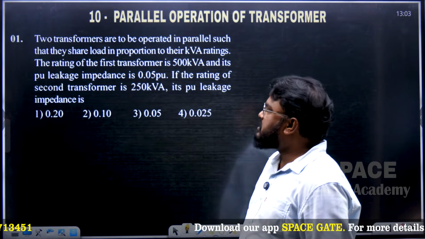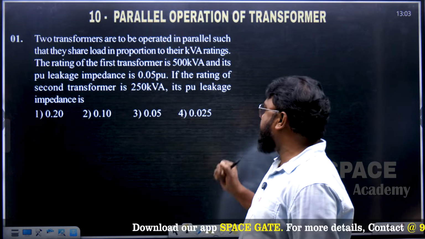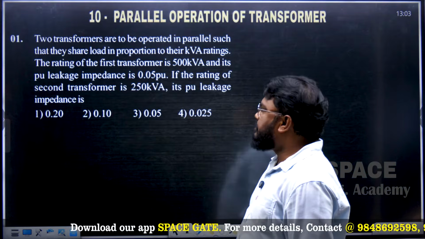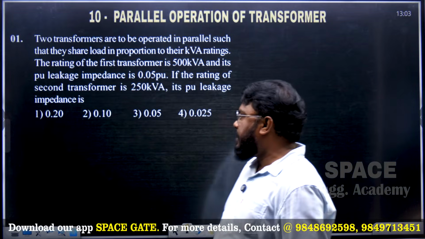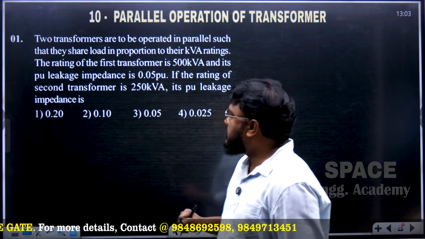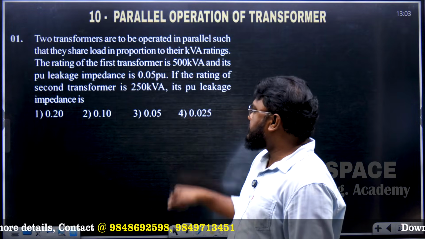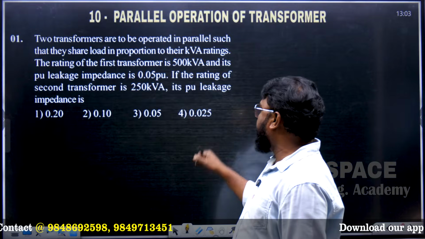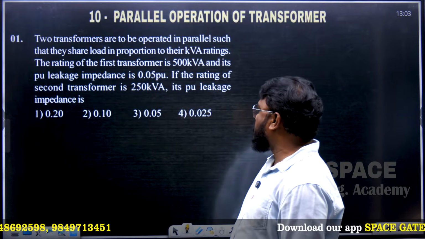If the rating of the second transformer is 250 kVA, its per unit leakage impedance is: option 1, 0.20; option 2, 0.10; option 3, 0.05; and option 4, 0.025.